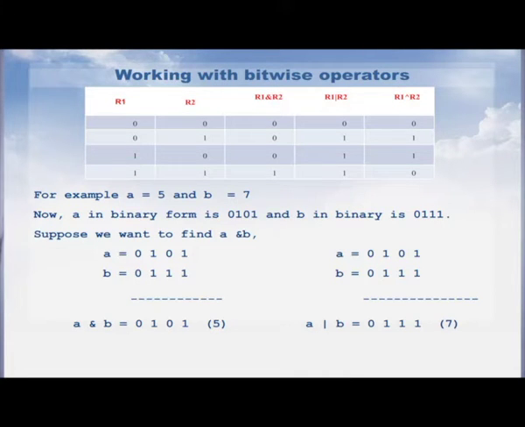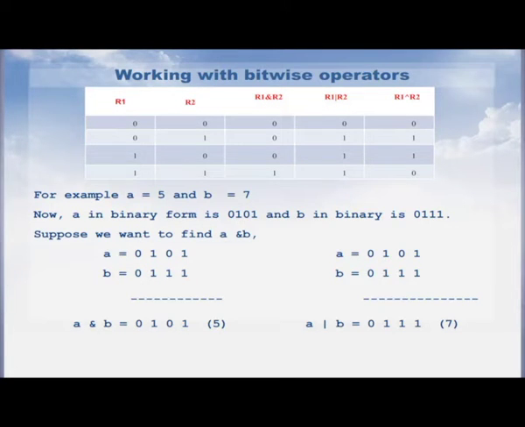Similarly, if R1 is 0, but R2 is 1, again R1 and R2 will be 0. Coming to bitwise OR, if any of the inputs is 1, then the output will be 1. So, if R1 and R2 are both 0, the output of R1 or R2 will be 0, but if any one of the inputs, say for example, R1 is 0 and R2 is 1, then the output will be 1.